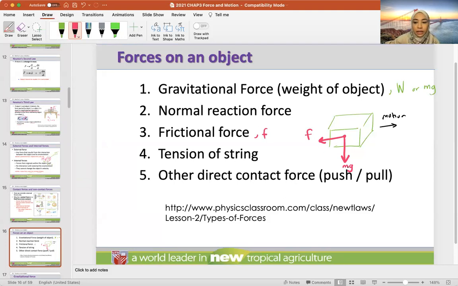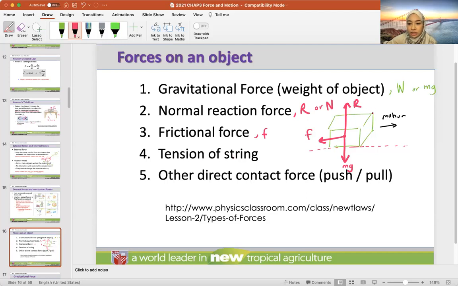And then if I am in contact with the floor, my object is on the ground, I would have R. Later we will learn how to determine R. This is the normal reaction force. You can label it as R or capital N. Both are acceptable.